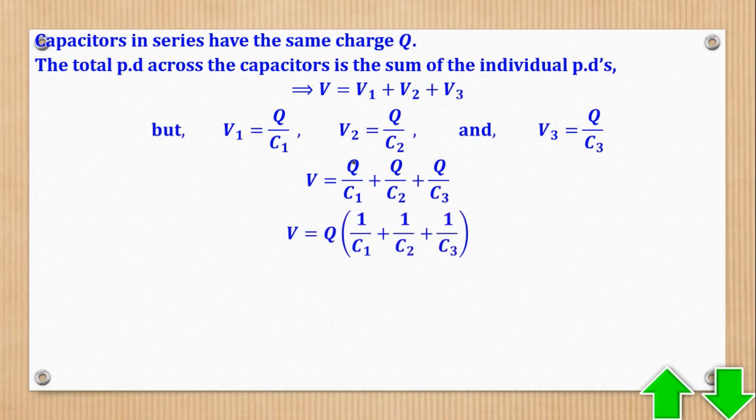Then I'll realize that Q is common. I can factorize it out to remain with 1 over C1, 1 over C2, and 1 over C3. Then from there, I'm going to bring this Q this side to come up with Q over V.